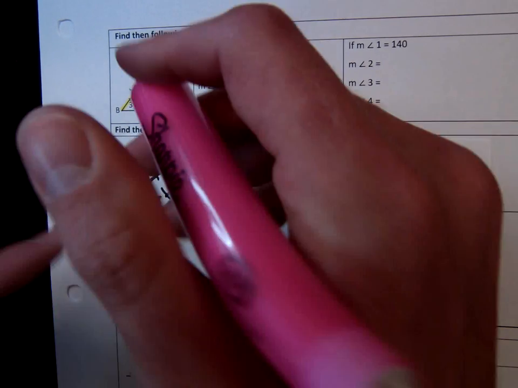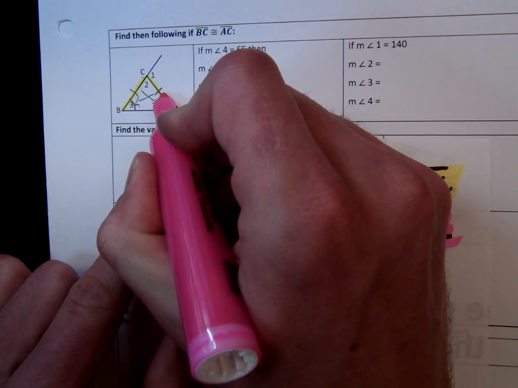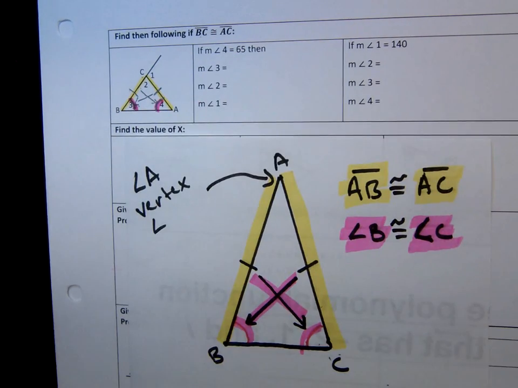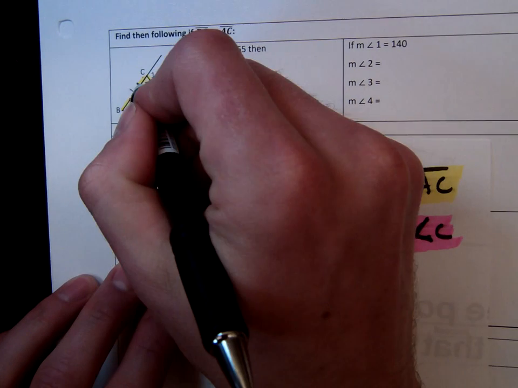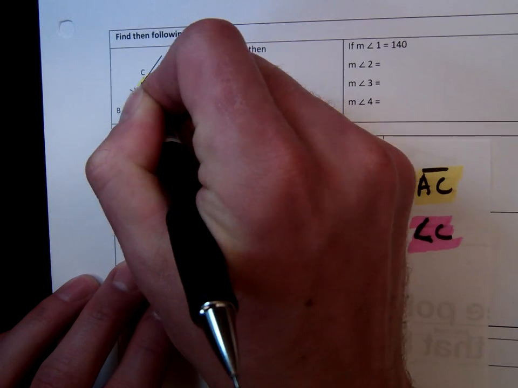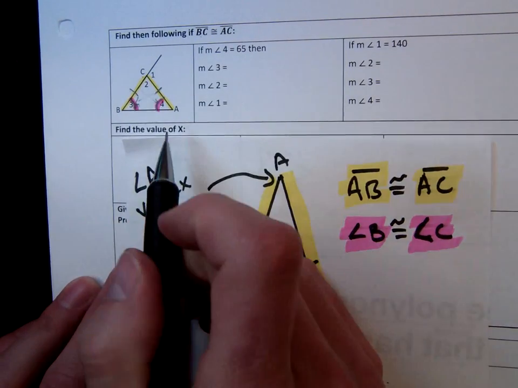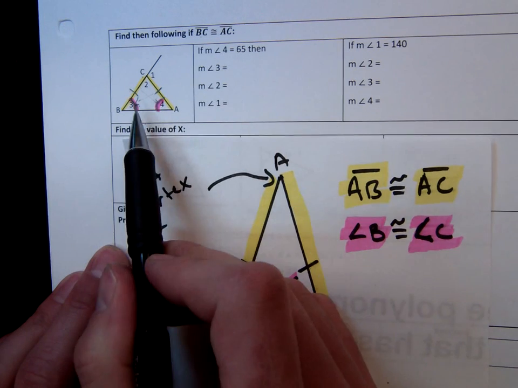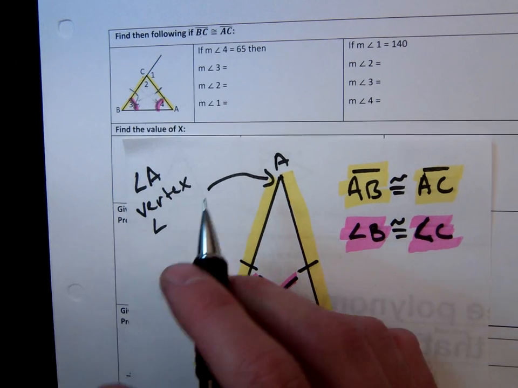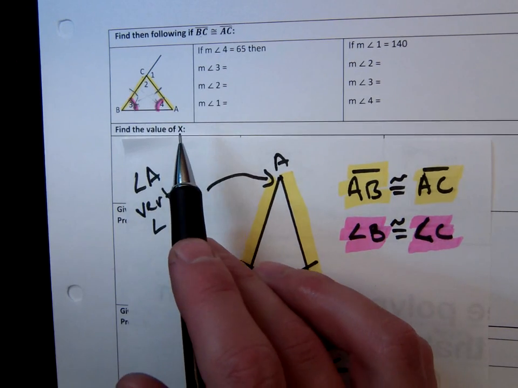I can use another highlighter here, a different color, to accentuate that fact. And in fact, I'm going to erase those marks just because I think it's starting to clutter up my picture a little bit. Just keeping in mind that both of these angles are opposite congruent sides, so I know they are congruent.